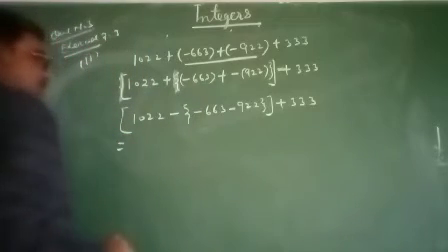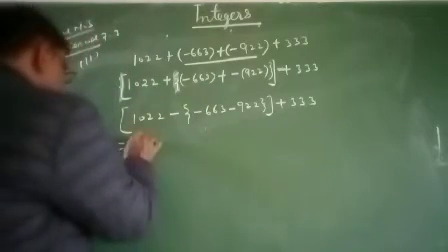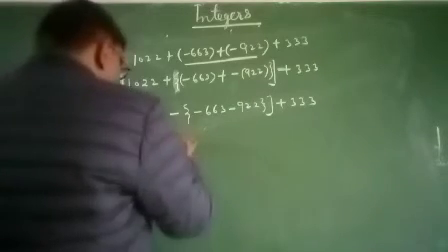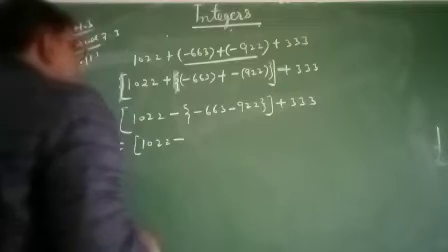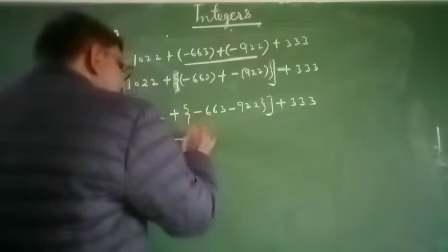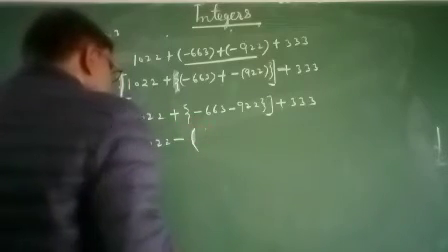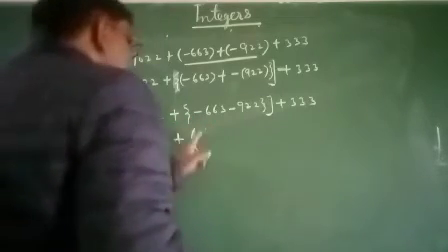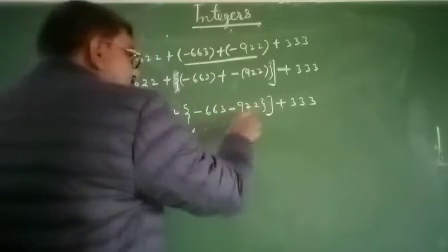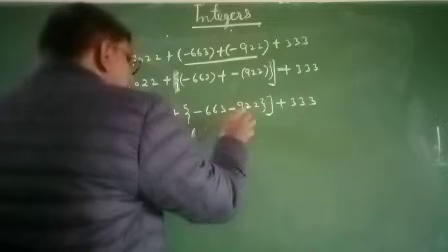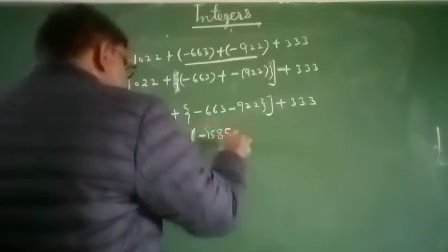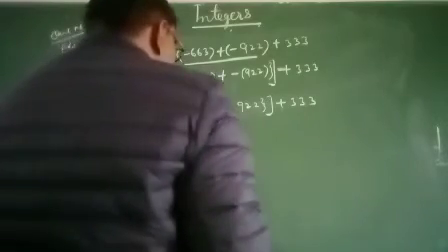Then it will be equal to 1022, sorry, here it is plus. Here first of all I will add this: 3 plus 2 is 5, 6 plus 2 is 8, 9 plus 6 is 15. And it will be minus 1585.